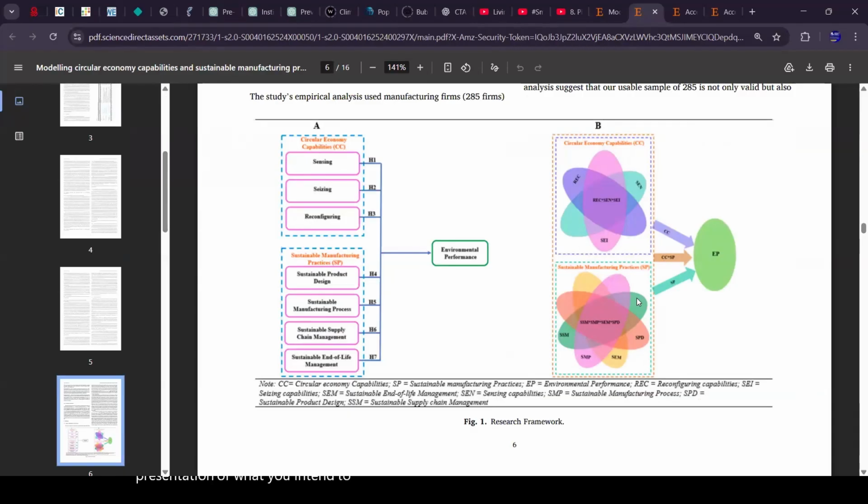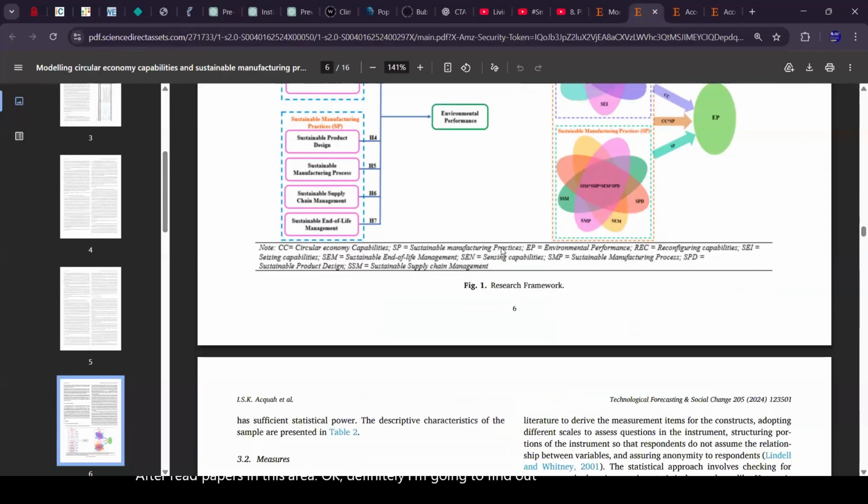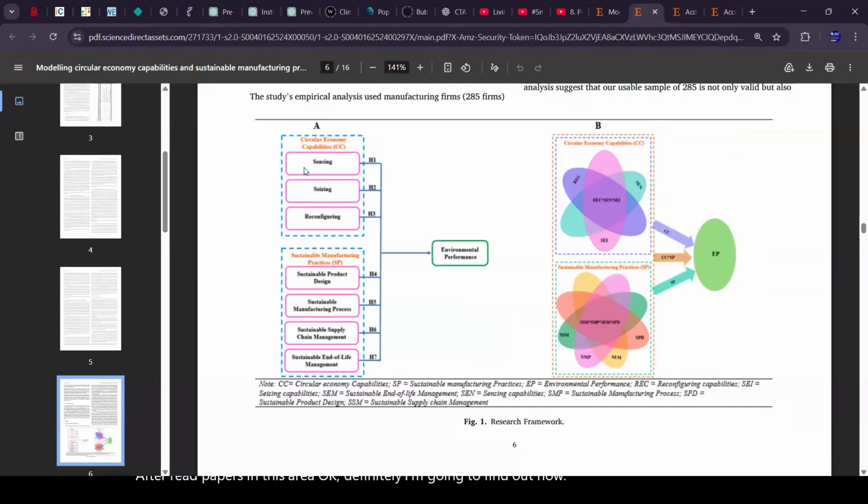So, based on the framework, I'm able to determine that the author was looking at circular economic capabilities. So, assuming that I'm looking at circular economic capabilities, I have to read papers in this area. Definitely, I'm going to find out how the various indicators were measured.